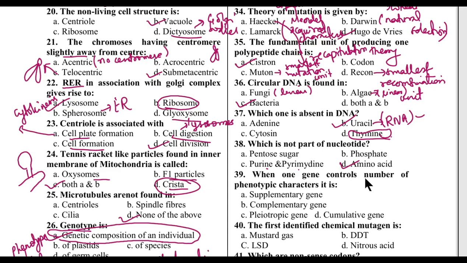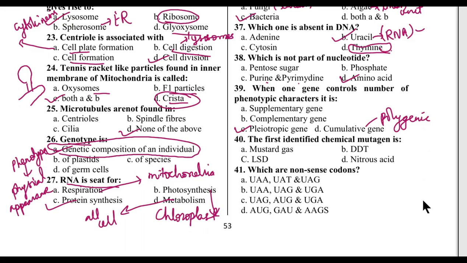When one gene controls a number of phenotypic characters, it is called a pleiotropic gene. Cumulative gene is related with polygenic genes. And the first identified chemical mutagen is obviously mustard gas.